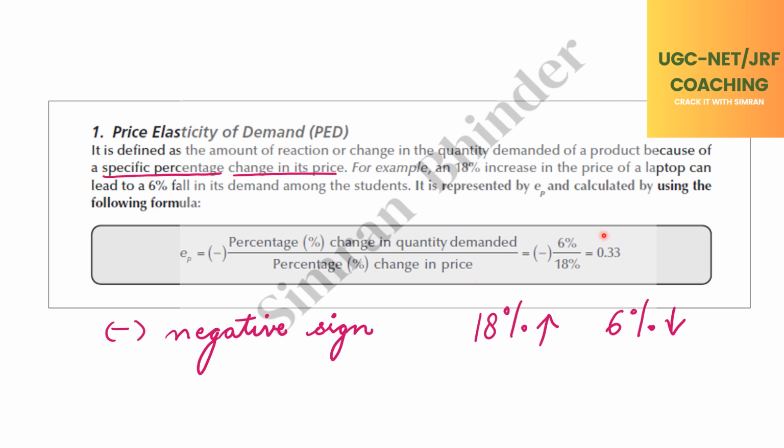So we put in the formula 6% upon 18%, it comes out to be 0.33, which represents how sensitive the quantity change is in response to the price of that product, and it is denoted by a negative sign. Why is it denoted by a negative sign? Because there is an inverse relationship between the price of the commodity and demand of the commodity. That is the reason.